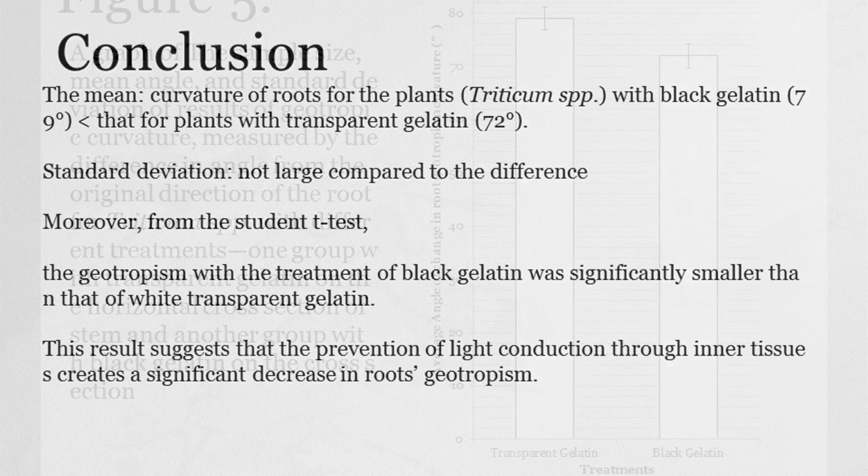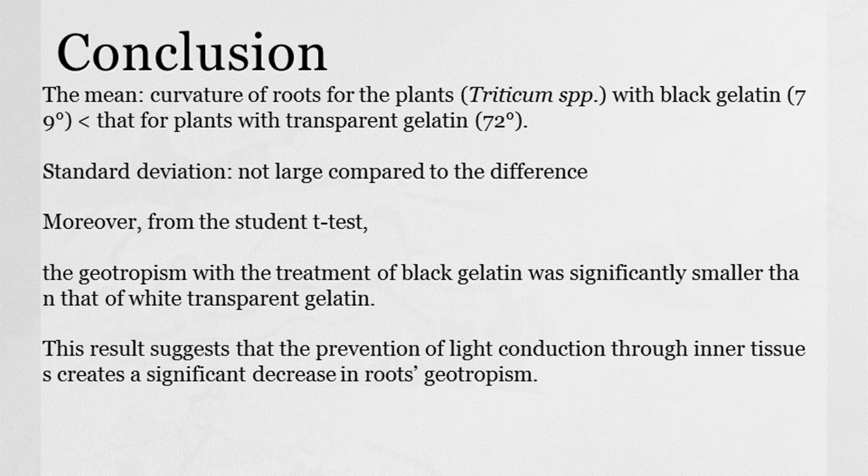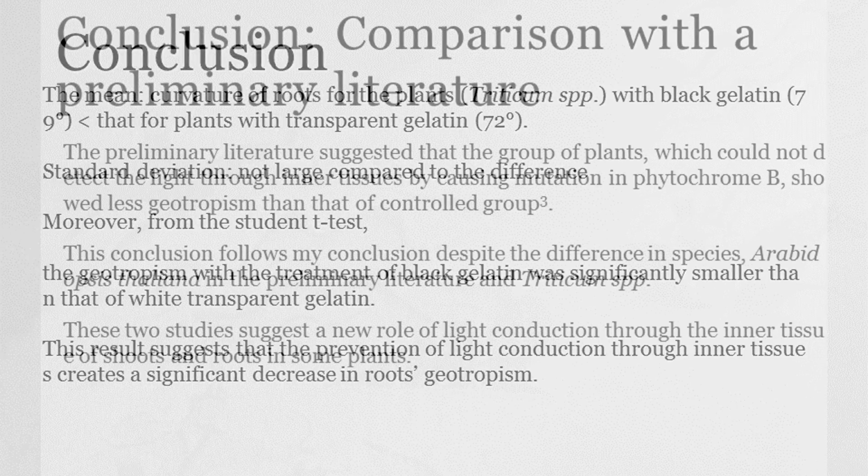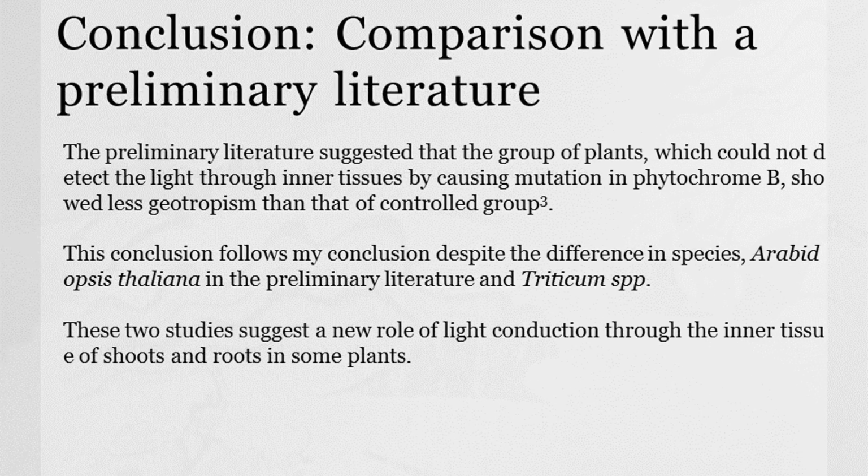From the t-test, it means that the root's sensitivity to gravity with the black gelatin is significantly smaller than that with the transparent gelatin. And if I compare it with the preliminary literature, although it was a different species and a different method, it showed the same result.